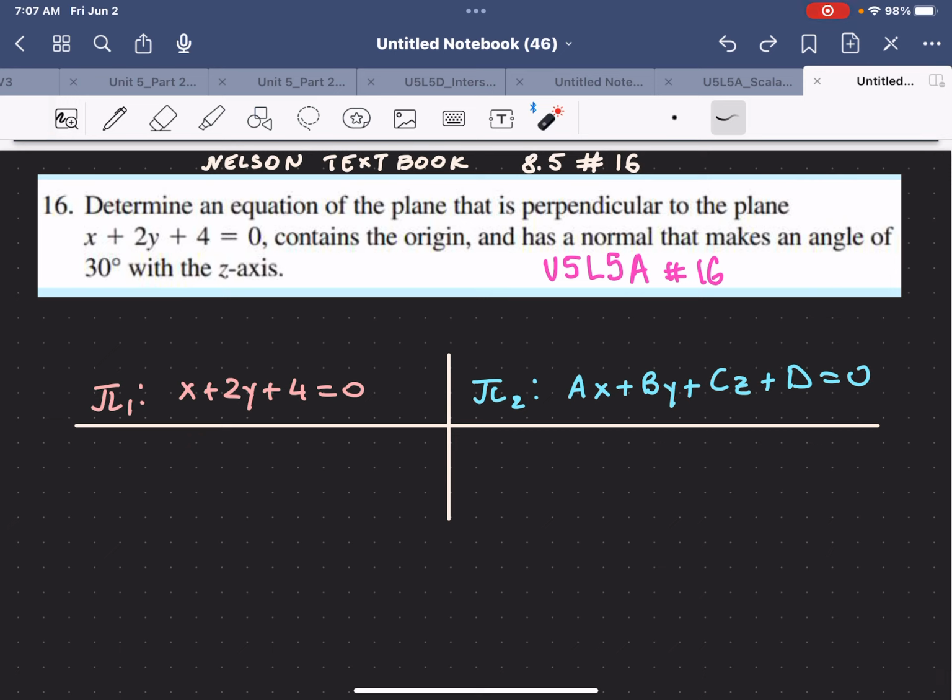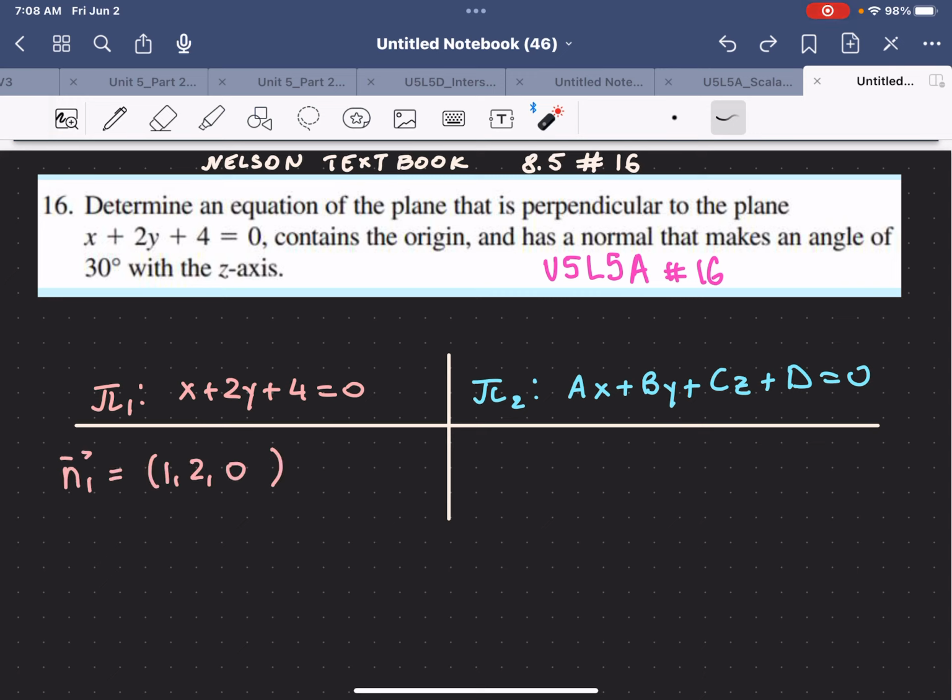About plane pi 1, we only know the equation. We can quickly derive the normal to the plane, and we obtain the normal by looking at the coefficients of x, y, and z. As you can see, x has a coefficient of 1, y has a coefficient of 2, and z doesn't even appear in the equation, which means the coefficient of z must be 0.